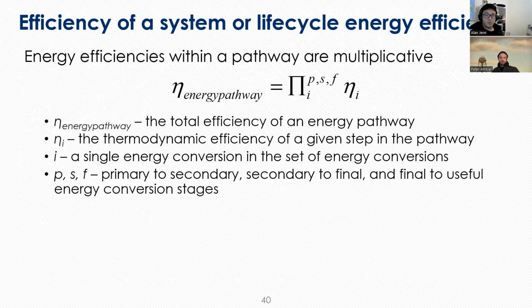Don't worry too much about this nomenclature here; I'll show an example in just a second. It really just means that the efficiency of your pathway is equal to the product of your efficiencies. This giant pi is the equivalent of your summation, but for multiplication of objects. We'll see how to use that in this next example.